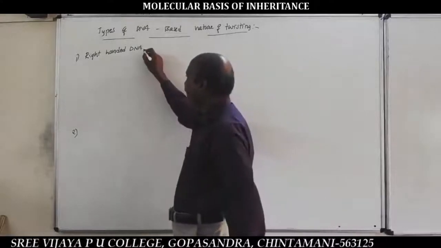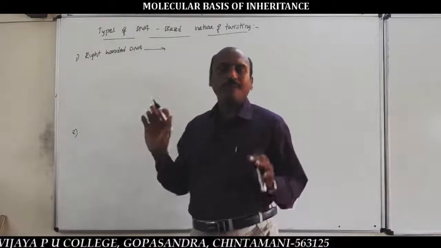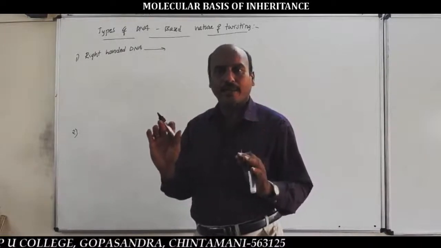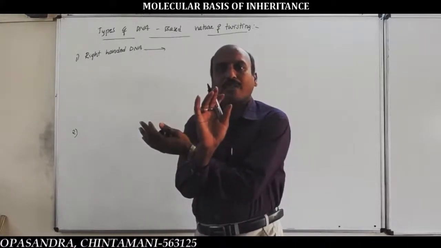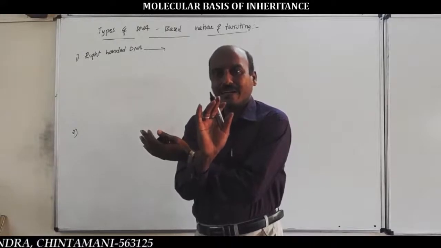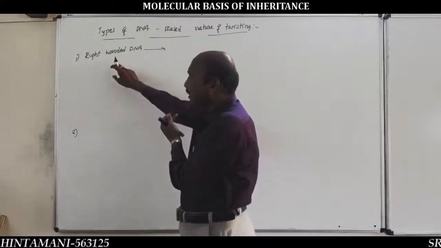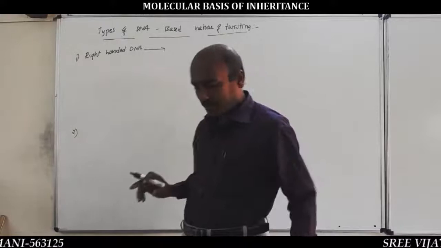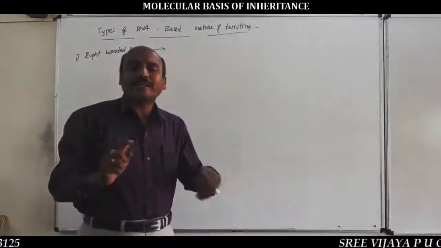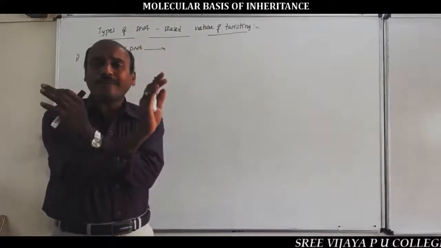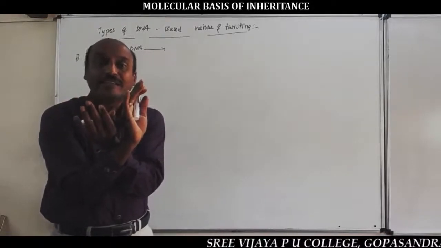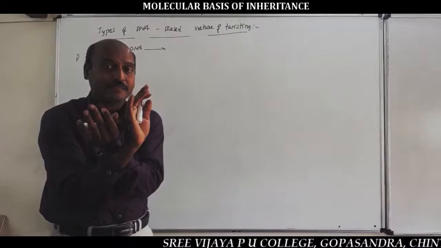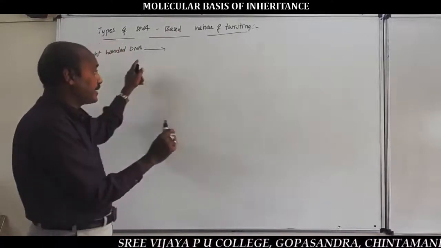In the right-handed DNA, the two polynucleotide chains of DNA are twisted in clockwise direction, right-handed direction. That is called right-handed DNA.